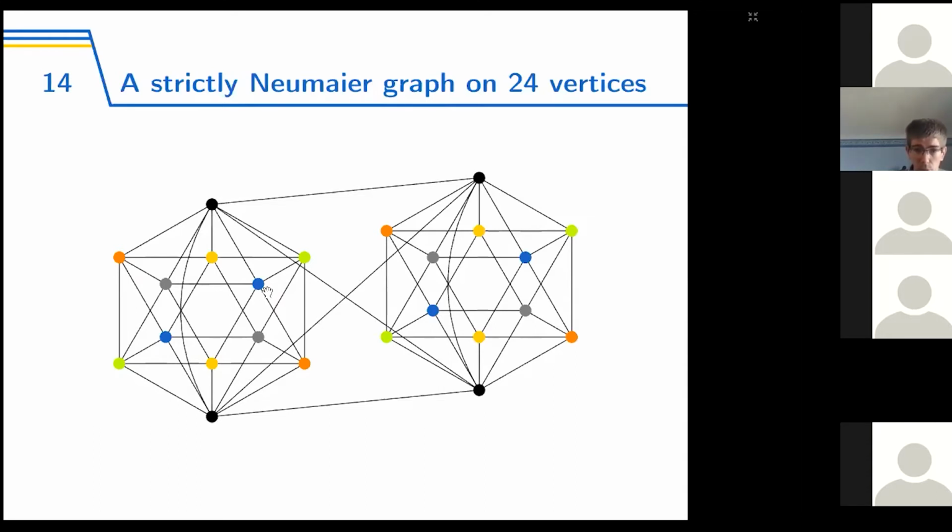And I do this now for all color classes. And this procedure gives me a strictly Neumaier graph on 24 vertices. So this is something that Greaves and Cole discovered in 2018.